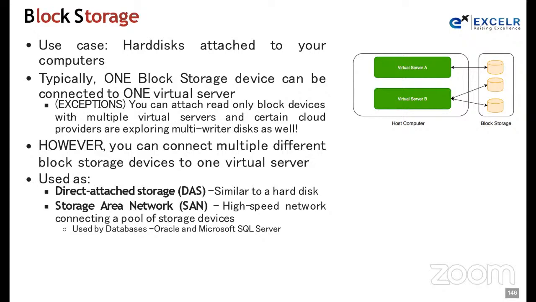Other storage devices may be connected over a network, which is called a storage area network or a SAN, which provides a high speed network connecting to the pool of storage devices. Like you have databases and so on, which will need a number of storage devices to get the required performance, in terms of the IOPS requirement.